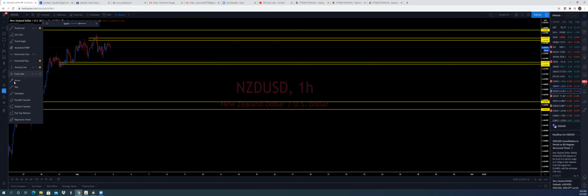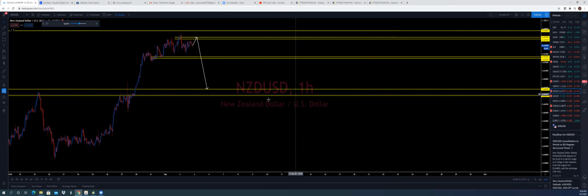So I can't really say that, but I'm betting that NZD USD is gonna come back down and retest this level. It may just come down and retest this level, and then keep going. That could very well happen.